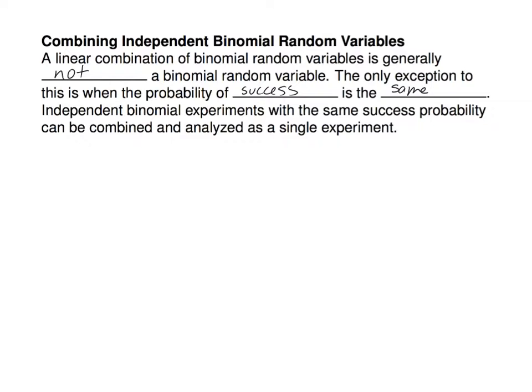In that case, you can think about putting those things into one big trial where the success rate is the same. But if you take two binomial random variables, one could have success rate 0.5, one could have success rate 0.2, and there's no longer one overarching success rate. To make it binomial, you have to have this one big overarching success rate that applies to both things.